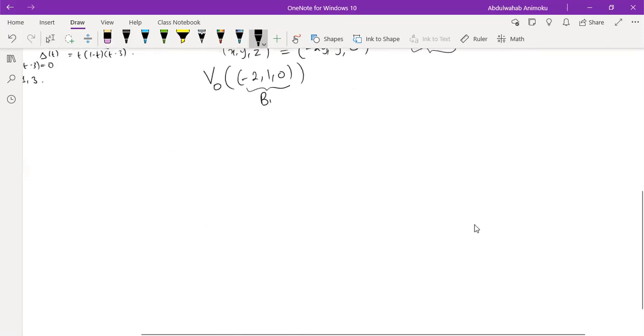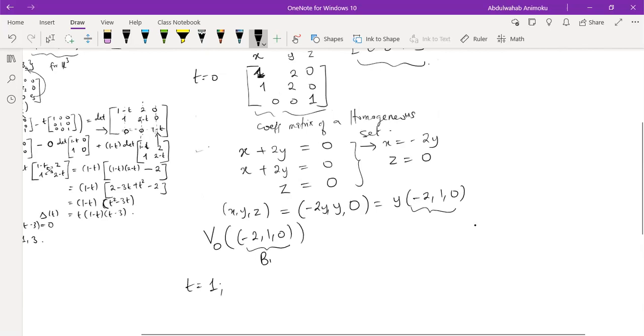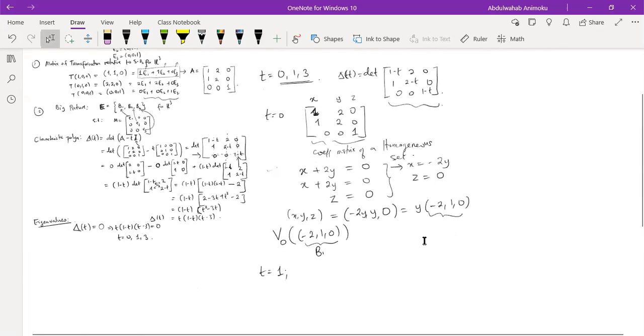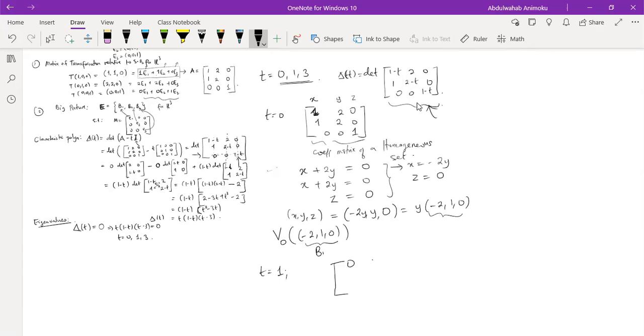So we could quickly do that. When t is equal to 1, we go back to this matrix again and input t equal to 1 there. So that will give us what? That will give us 0, 2, 0, 1, t minus 1, that is 1, 0, and we have 0, 0, 0, right?